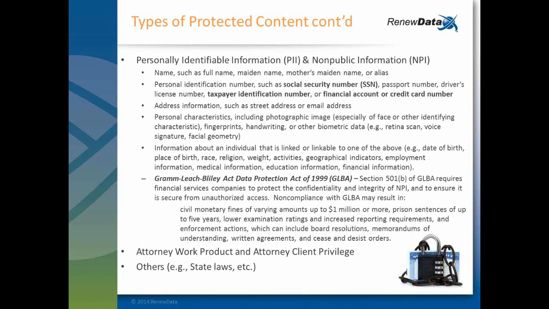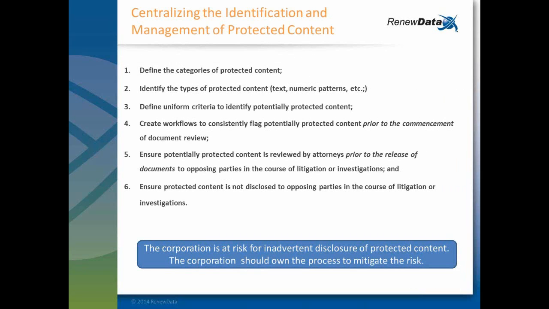So we'll cover that process in a little bit more detail, and then Kate's going to cover how you go about identifying protected content. So let's just examine real quickly what a workflow to manage this, to centralize the identification and management of protected content might look like. And this is at a high level, of course, but it needs to be customized for every individual organization.